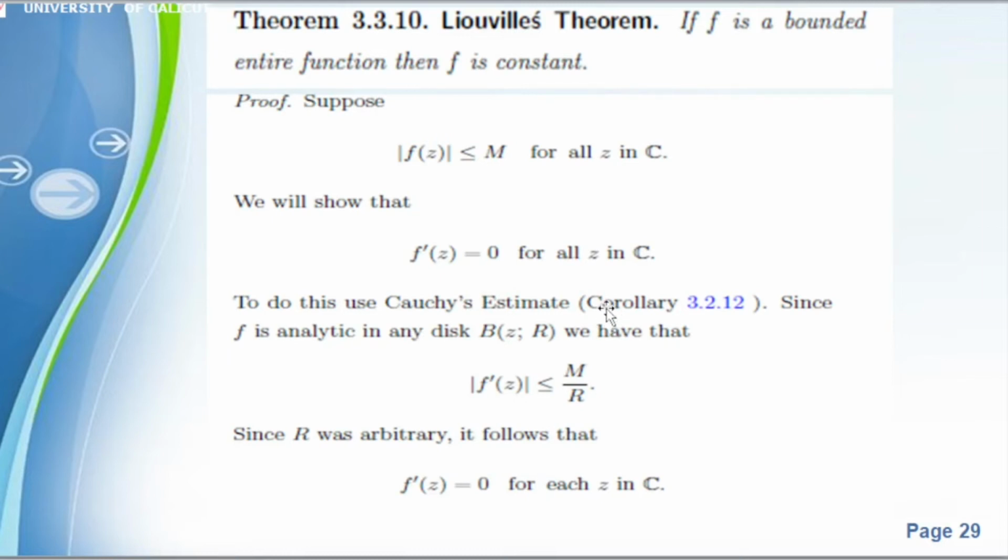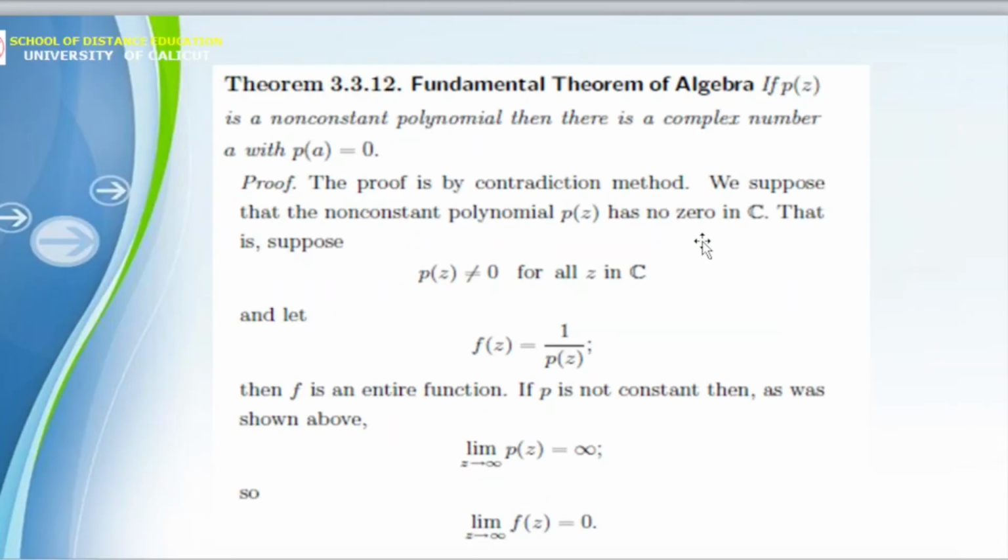Since f is analytic in any disk B of z, r, we have modulus of f dash is less than or equal to M by r. As r is chosen arbitrary, it follows that f dash of z is equal to 0 for each z in C. So f dash is equal to 0, therefore f will become a constant value.